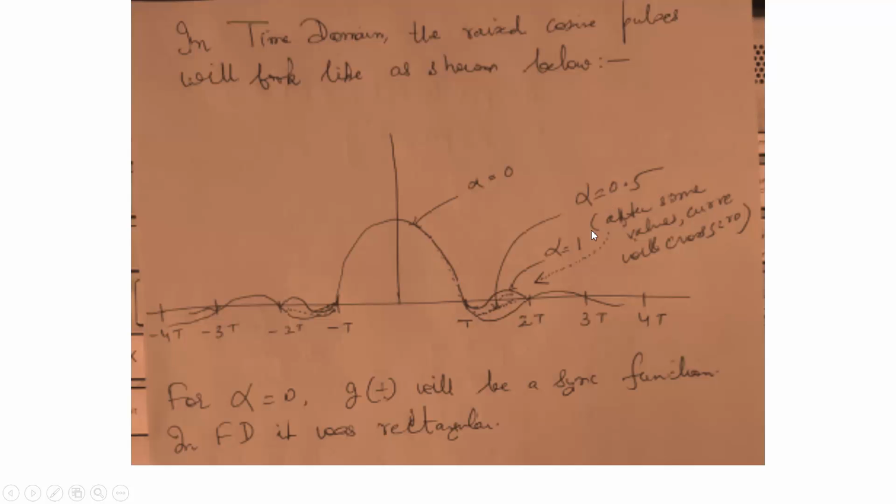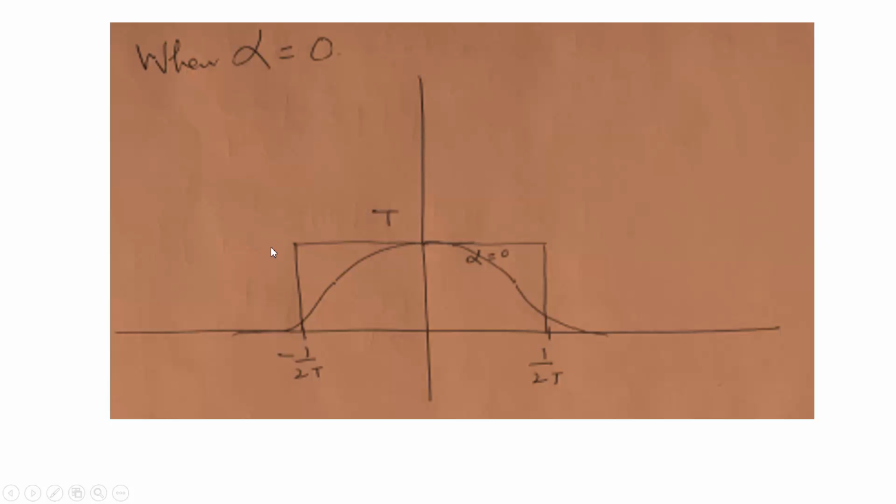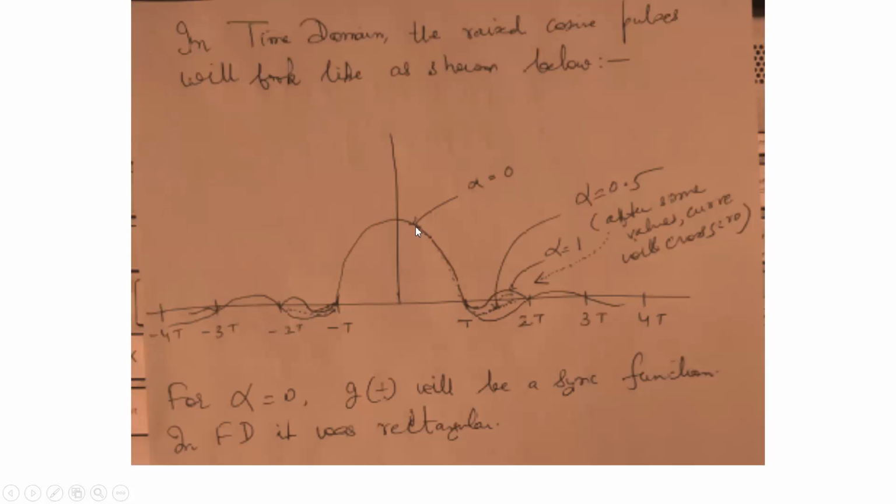For α equal to 0.5 or α equal to 1, the time domain versions of these raised cosine pulses differ: for α equal to 1 the waveform crosses the zero axis, while for α equal to 0.5 it is not crossing. So these are different values of α.